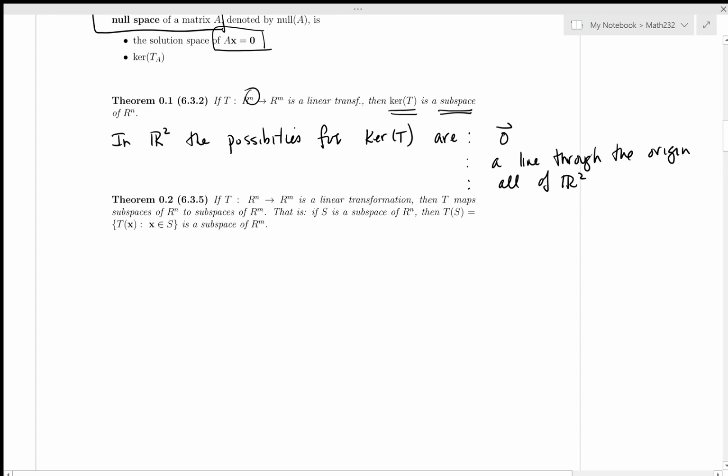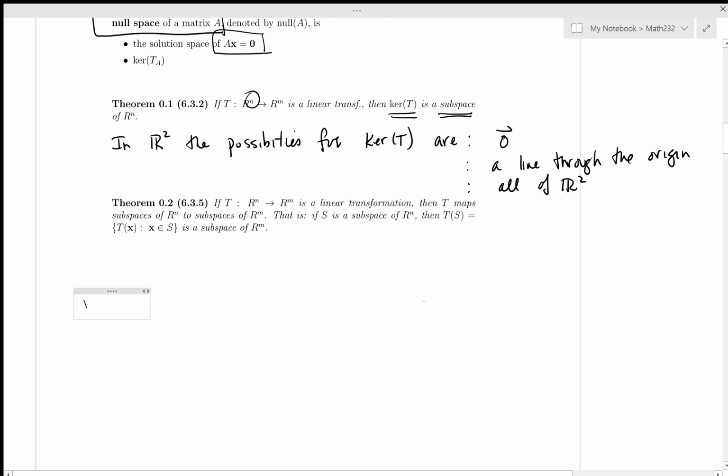Okay, so we have another theorem here, and that is if we have a linear transformation T mapping Rn to Rm, then T maps subspaces of Rn to subspaces of Rm. That's basically saying that if your domain S is a subspace of Rn, and you perform your linear transformation on it, you are guaranteed to end up with a subspace in Rm.